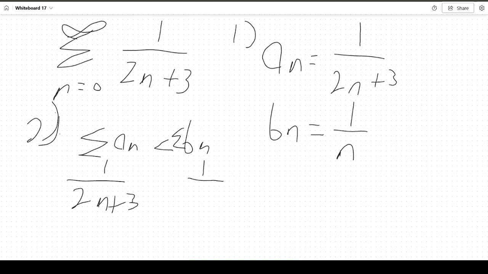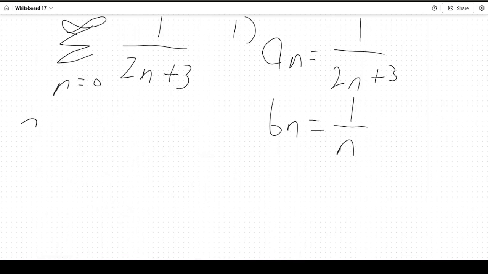And if it's just 1, then this will be bigger, so it will be greater than the other series. If you have a lot of things in the denominator, it makes the whole thing less, and if you have fewer things in the denominator, it's not that much less, but it will still be greater than the other series. So make sure to keep that in mind: the BN is supposed to be greater than the AN.